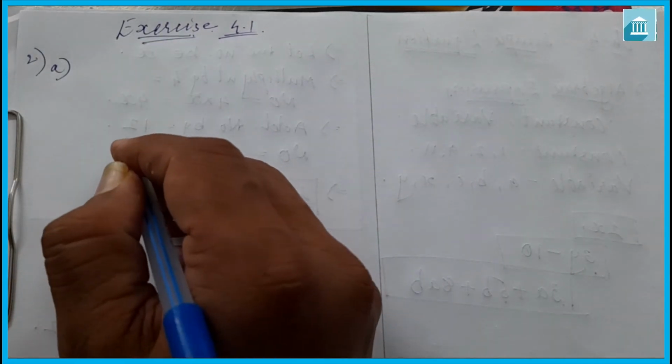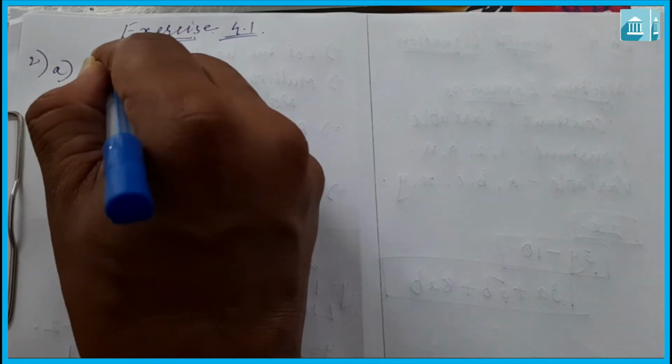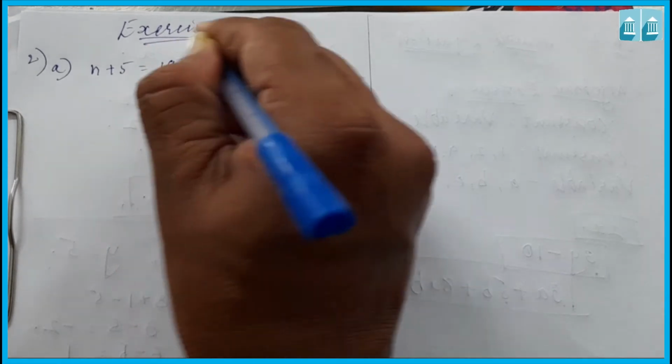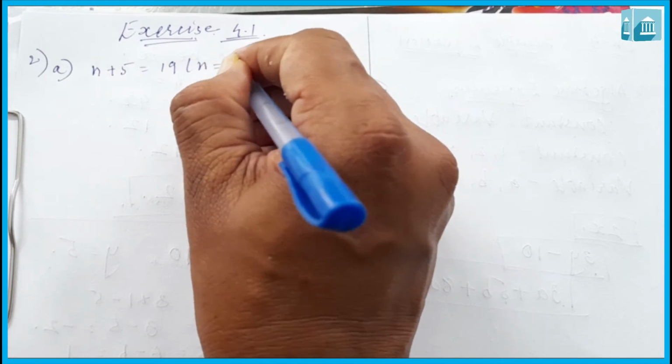Now let us do question number 2. In question number 2, it is said to check whether the value given in the bracket is a solution to the given equation or not. Here one equation is given, n plus 5 is equal to 19, and in the bracket it is given n is equal to 1.